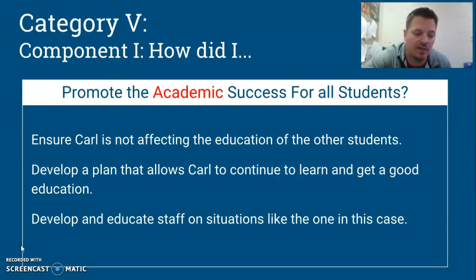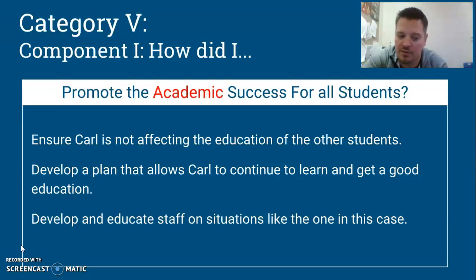I also developed a plan that allows Carl to continue to learn and get a good education. So instead of just pulling him out and saying, okay, he's done, he can go sit in a room by himself, we work together to find a plan that is going to help Carl learn and grow.